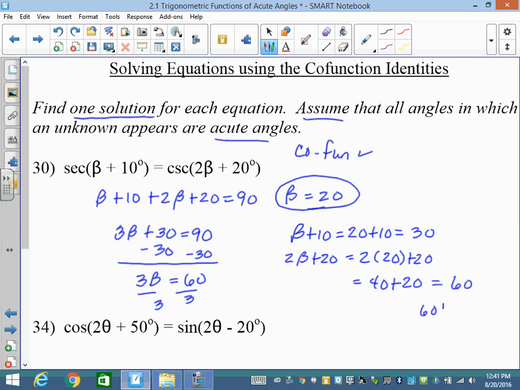And 60 plus 30 equals 90, so we're good. We don't have some number out there that's not supposed to be there. So our angles are 30 and 60. Now you can rewrite saying secant of 30 equals cosecant of 60, and we have found our one solution. Using cofunctions, this is the only solution we would have found.